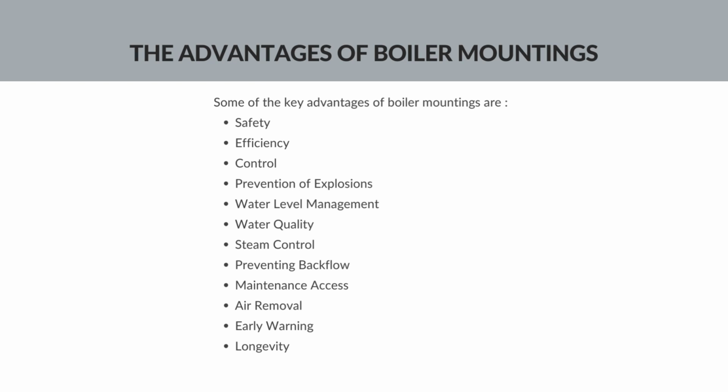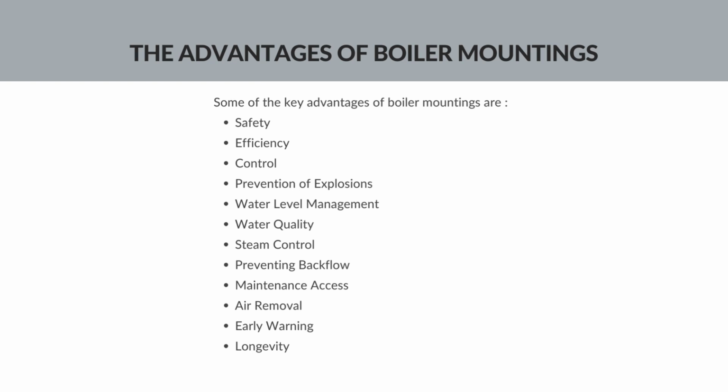Ninth is preventing backflow. Feed check valves prevent backflow of water from the boiler to the feed water supply, preserving water quality and protecting the boiler. 10th is maintenance access.